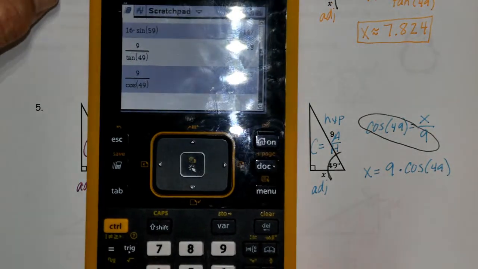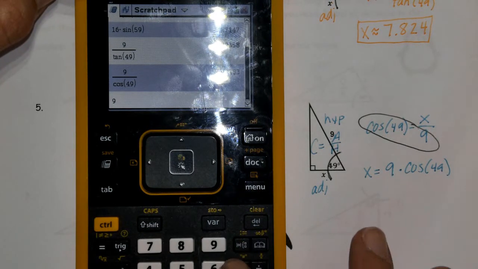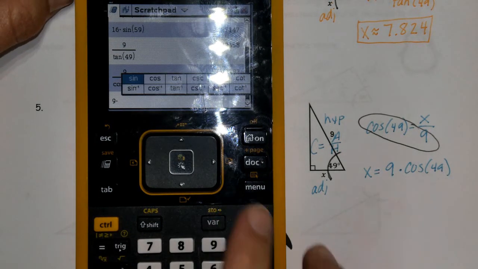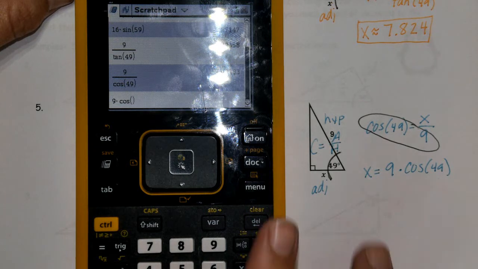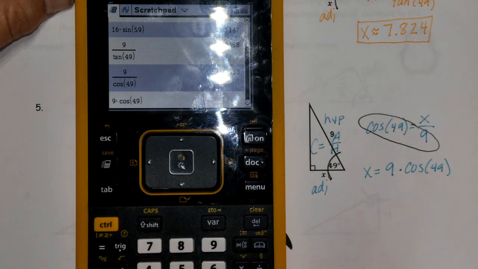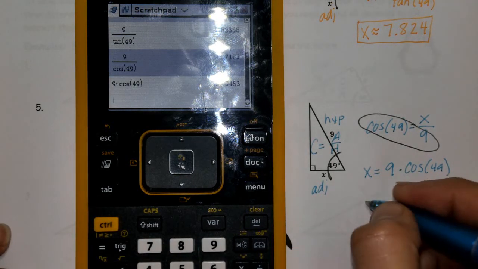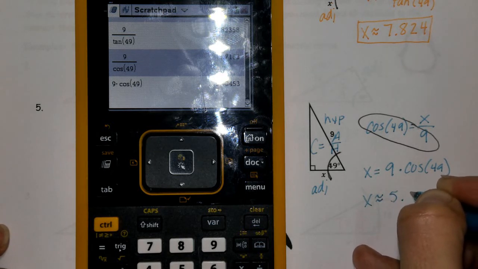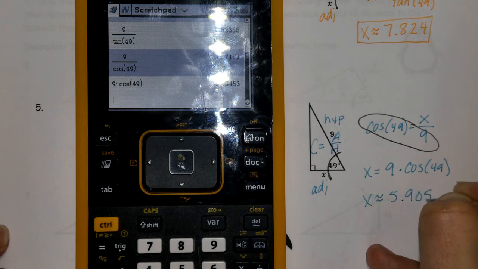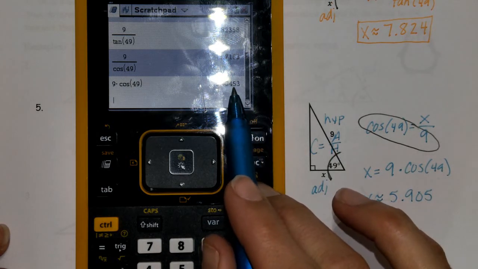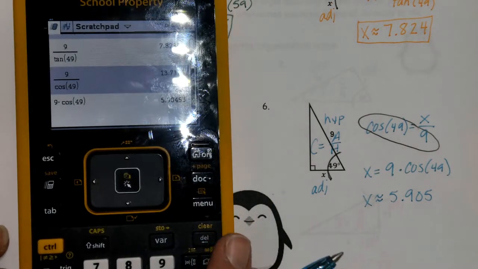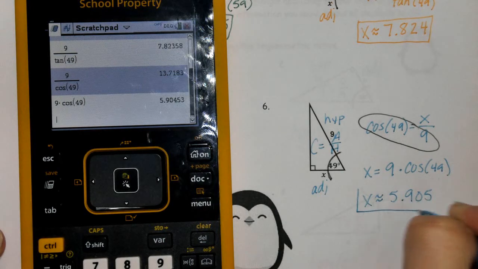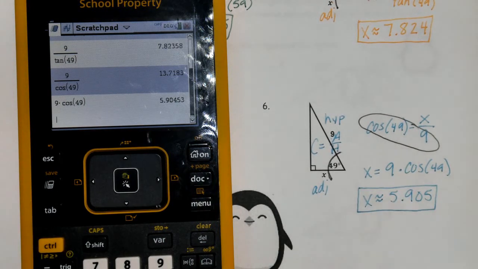So we go into our calculator, 9 times, trig button, scroll over to cosine, type in that 49, and we're going to get here, x is approximately 5.905. Okay, the 4 is bumped up by that 5 afterwards. It's kind of hard to see with the glare. Okay, there we go.